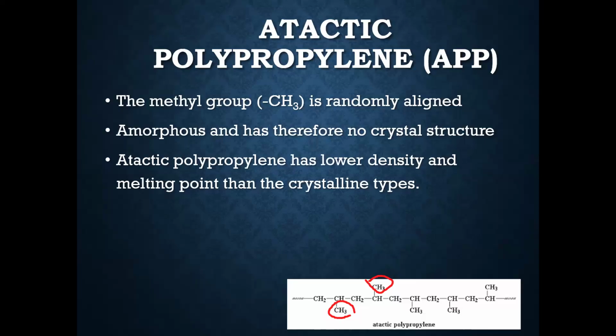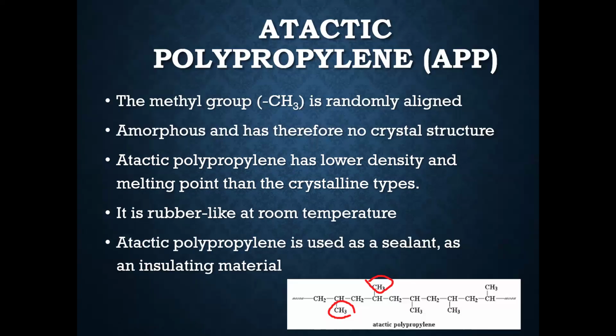Like the atactic polypropylene, it's amorphous and couldn't crystallize. There is no crystal structure. So this type has lower density and melting point than the crystalline types, and is rubber-like at room temperature.